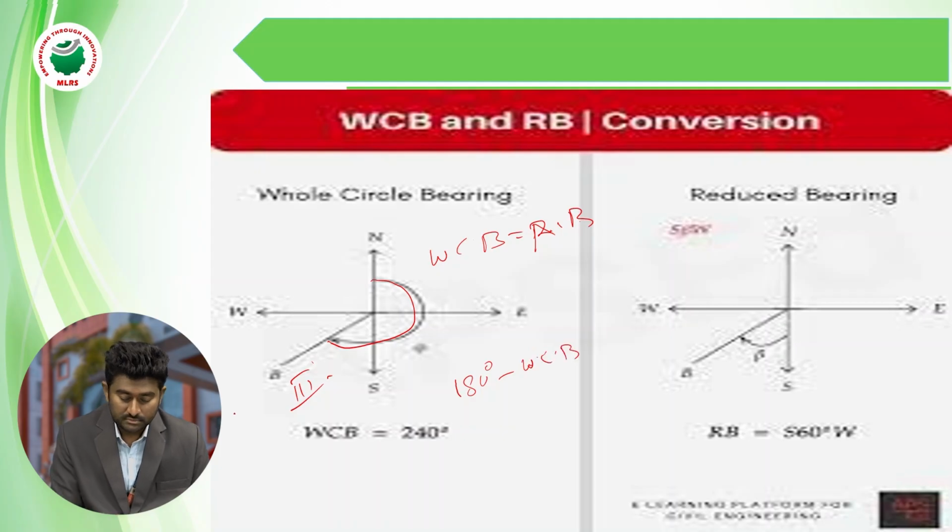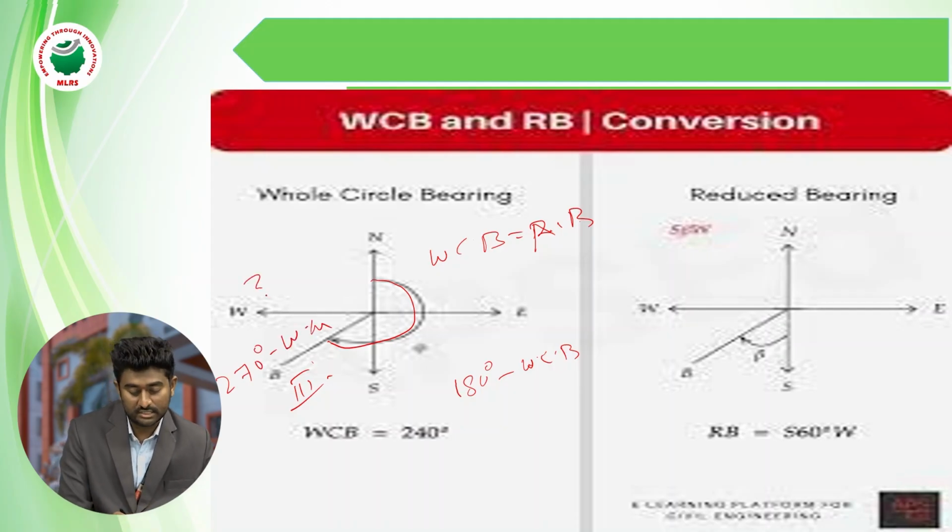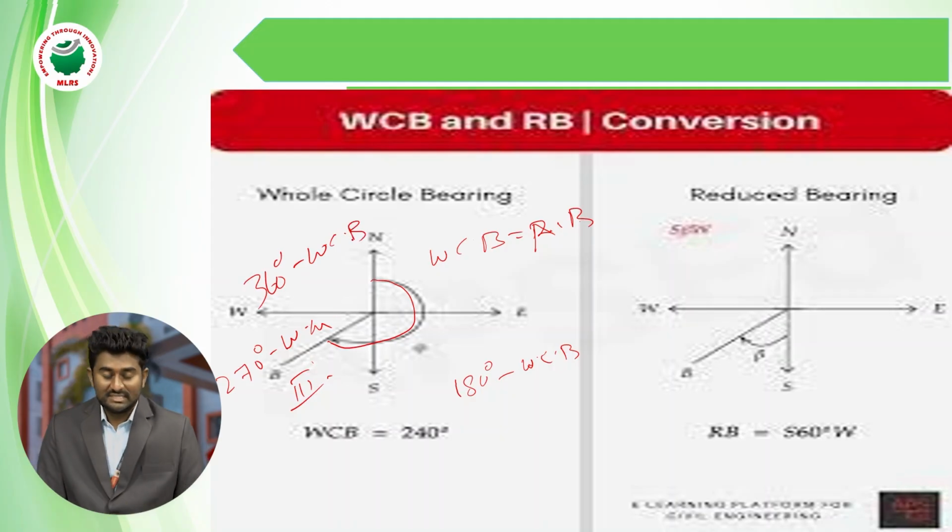For the third quadrant, it is whole circle bearing minus 180 degrees. For the fourth quadrant, it is 360 degrees minus whole circle bearing. The clockwise direction is followed in the whole circle bearing system.